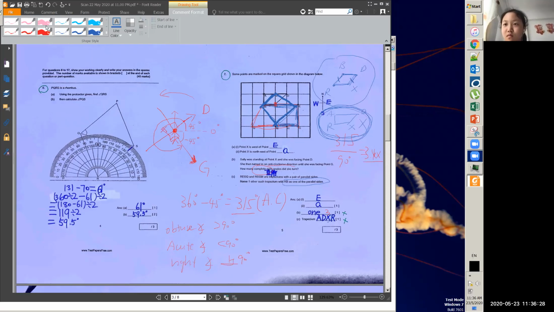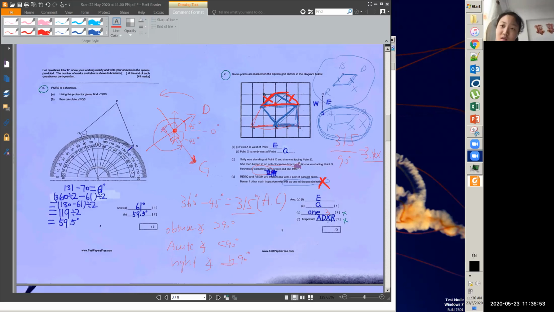Let me use a different color. You are talking about RBDE. Then can I ask you, is this and this parallel to each other? No, no, right? So cannot.